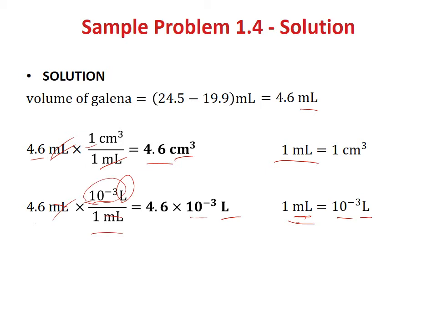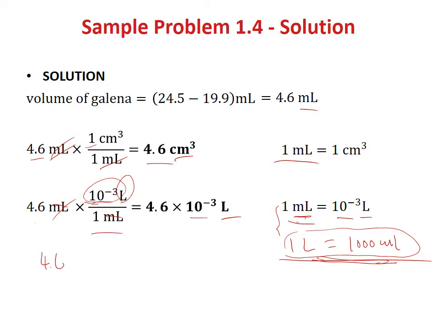Now we also can write 1 liter equals 1,000 milliliter. That's equivalent to this one. But how do we write this as a conversion factor? If we use this relationship, we start with 4.6 milliliter. We write the conversion factor. Since we want to cancel milliliter, we use 1,000 milliliter.